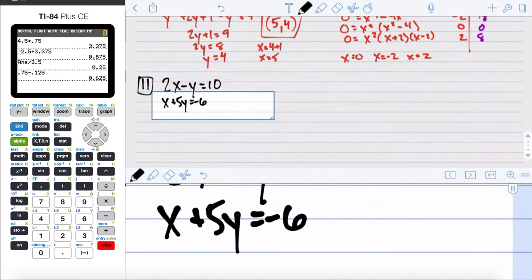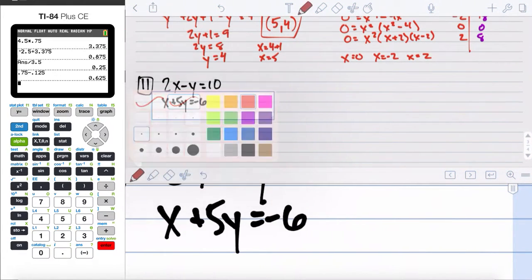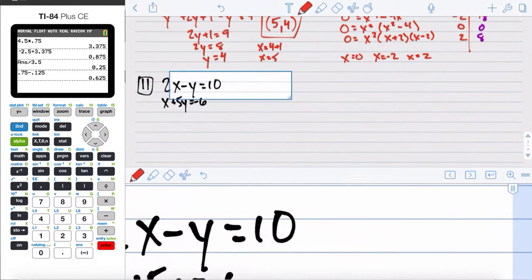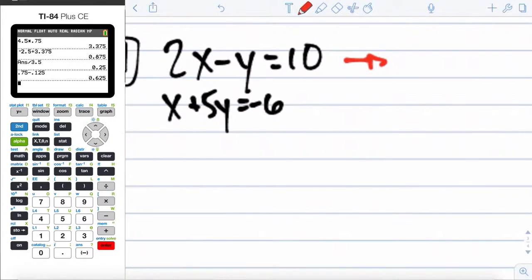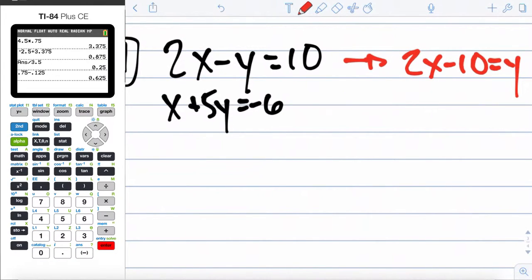I need to get y by itself in both of those. The first equation is a lot easier to do, because I can just add the y to one side and subtract the x. So 2x minus 10 is equal to y.